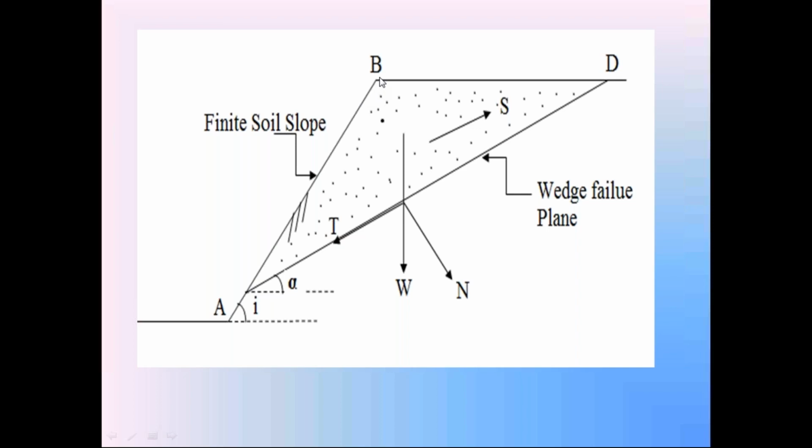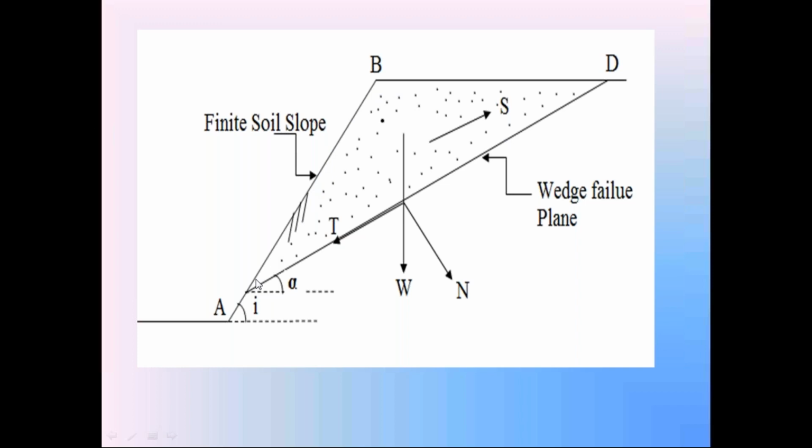In the finite side slope stability analysis, we are going to locate what is the probable failure plane inside this embankment. What is the location of the failure plane in the embankment or the earth dam or the canal? About that failure plane, this side slope may be subjected to failure. So the stability analysis of finite side slope is the location of the failure plane inside this structure. About that failure plane, there is a failure of this finite side slope.